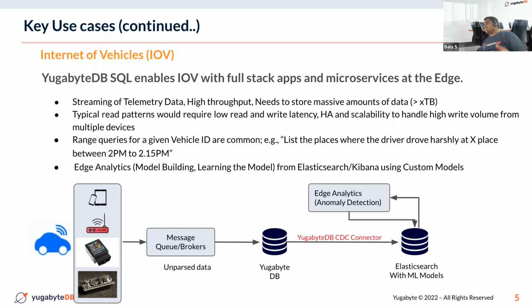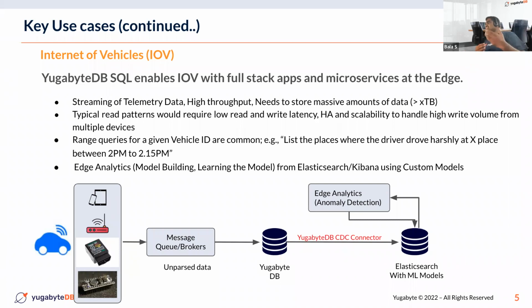This way, these models will continuously get the stream of data from Yugabyte itself, where YugabyteDB helps them supply this data seamlessly, so they can historically collect, learn, train it well and make sure these edge analytics will work and go back to the vehicle. So this is how the vehicle can predict what speed I need to drive on this lane, or what is exactly going to happen on my vehicle.